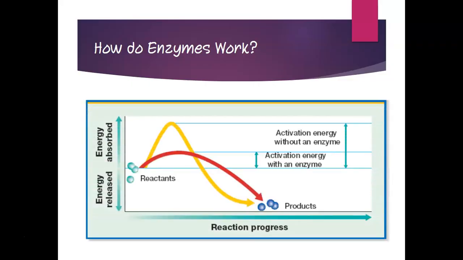So this is kind of what we're looking at, right? If I go back to those reaction graphs, I've got my normal energy that I'd have to absorb without the enzyme, right? So like that $2,000 you needed for the car, that's going to take you a certain amount of time to save up before you can go ahead and get that product, in this case your car, or in the case of your cells, some sort of chemical product that they need.